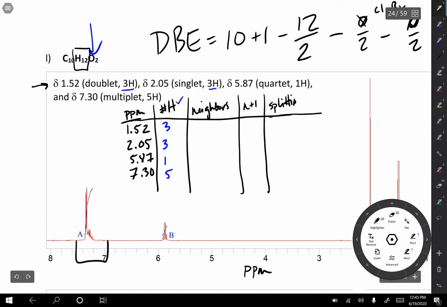We know what they look like, but we need to figure out, if it is split, what that means for what that fragment looks like, okay? So now we're just going to fill this in. For the top one, we've got a doublet. I'm just going to write a D. The next one, we've got a singlet, a quartet, and then we have a multiplet.